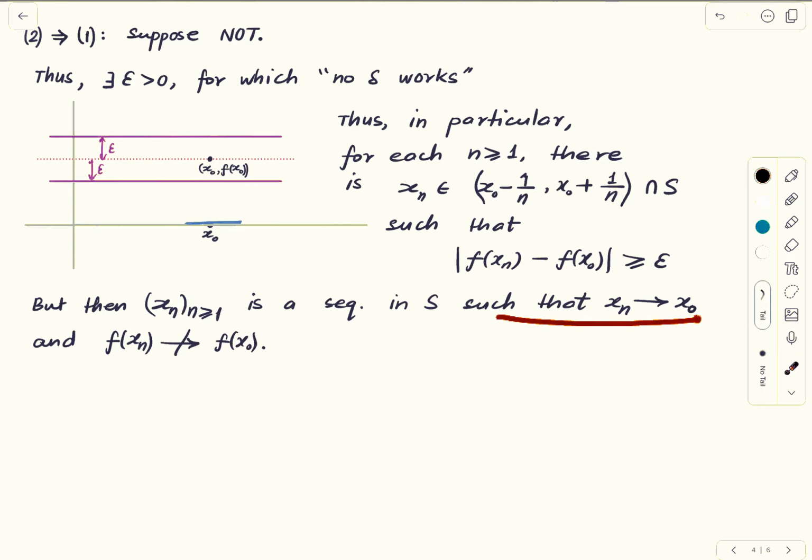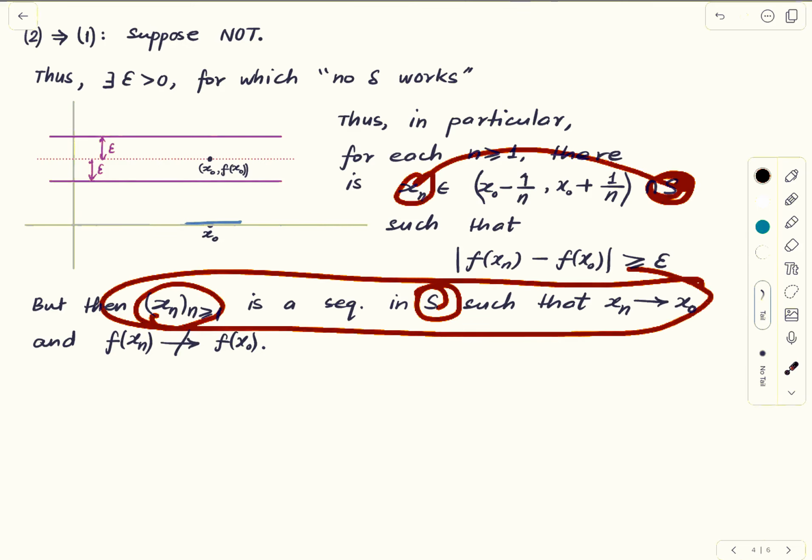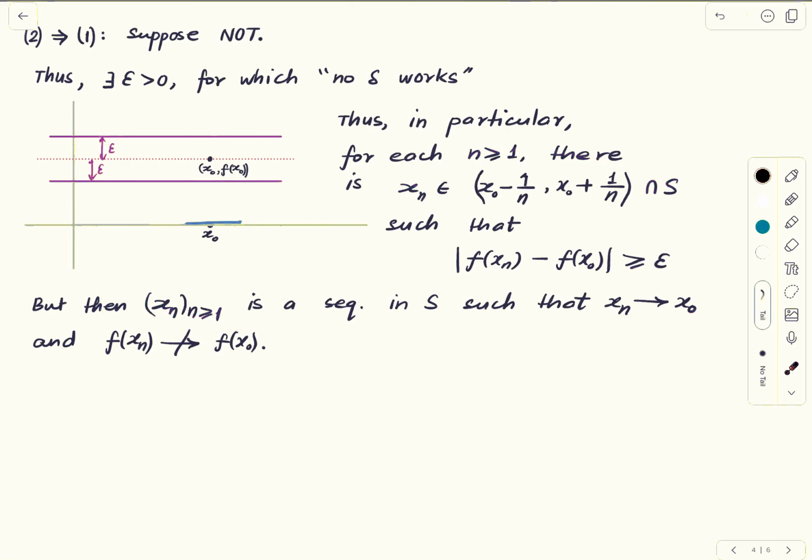So why is this the case? Well, xn is in the 1 by n neighborhood of x0, and as n increases, this neighborhood shrinks. So xn converges to x0. This you should be able to immediately see. xn is a sequence in S simply because each xn is in S. So xn is a sequence in S such that it converges to x0.